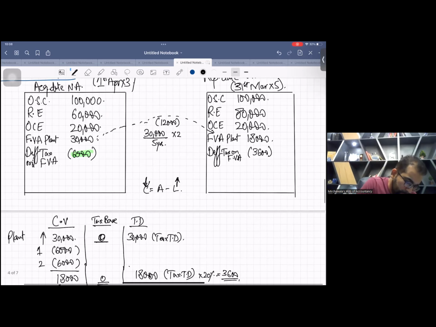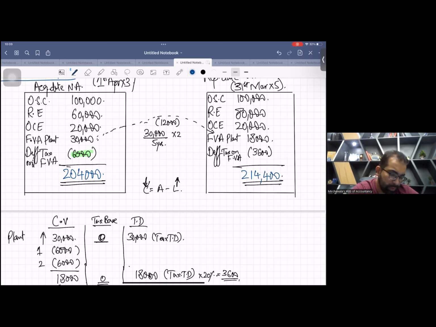Okay, so now let me calculate these 2 packets for you. This is 204,000 and this is 214,400.